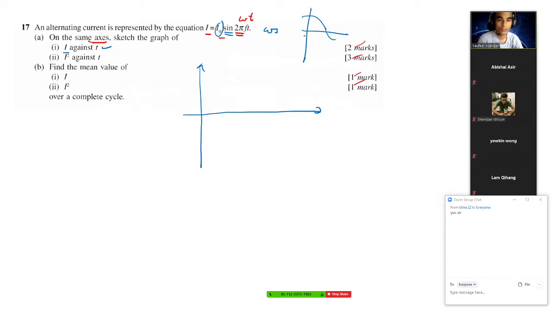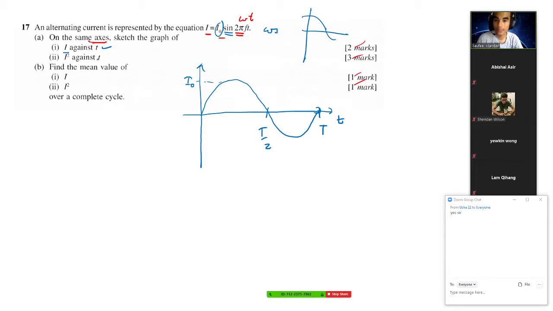With sine, we start from zero and go up. So it will be in this way, going up and down, and goes back up again. We have to label all the axes, if not, you cannot get any marks. This is T, one period. This is T over 2. And the peak point will be I naught. You have to show this. You have to label this is t, this is I.